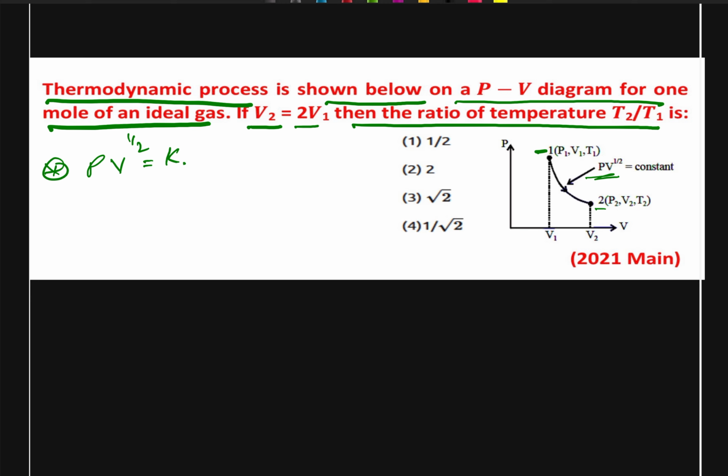From ideal gas, we know that PV is equal to nRT.